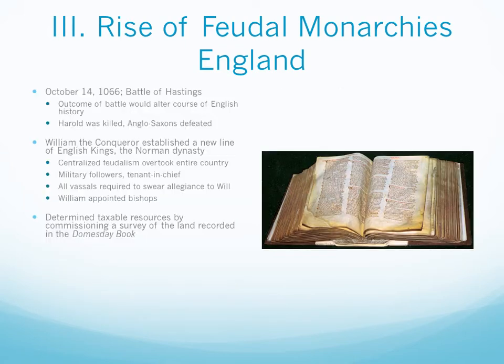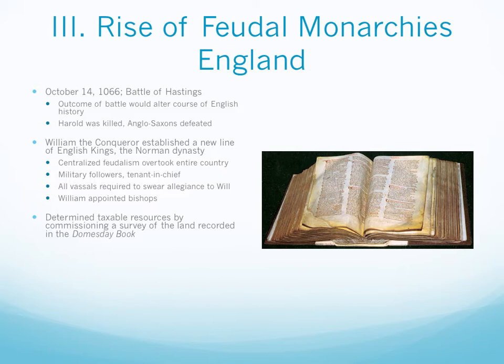So on October 14th of 1066, we have the Battle of Hastings, and you do need to know that actual year. You don't need to know the exact date, just the year, 1066. A reason why this is an important date is because it changes the course of English history. So rather than have someone of the Anglo-Saxon heritage ruling England, they are defeated.